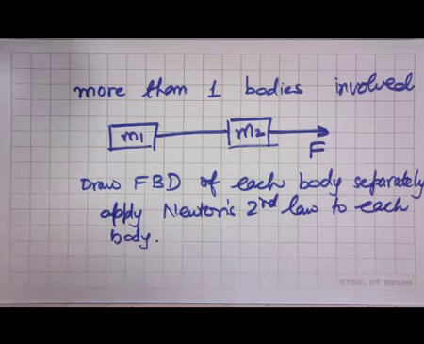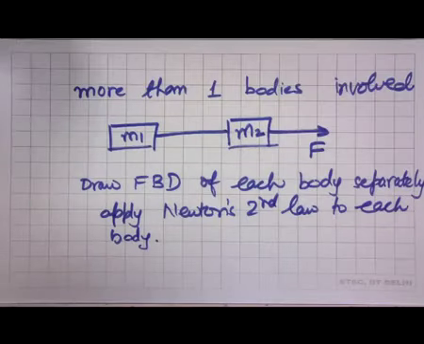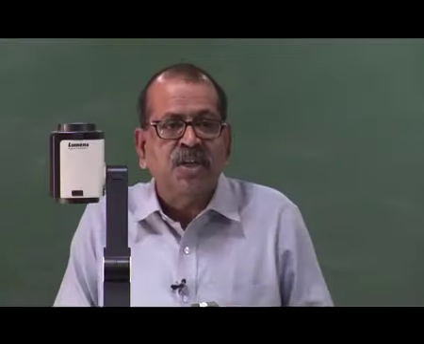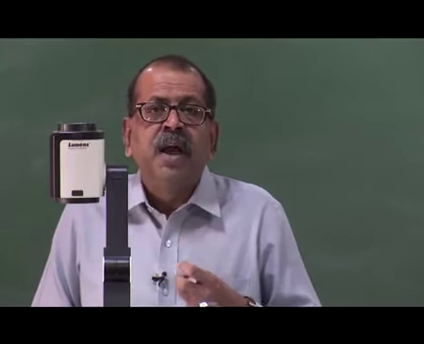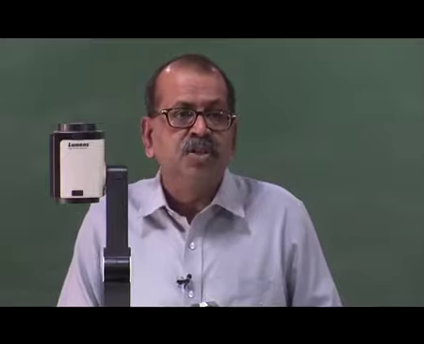But what we will have to realize is that whatever the interconnection between these two bodies, we have to make sure that we use Newton's third law, that is, action and reaction on the connecting body, and that will give us a common link between these two bodies.